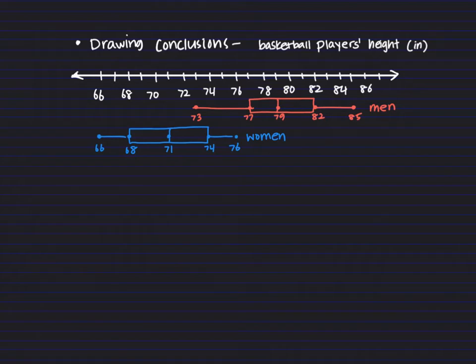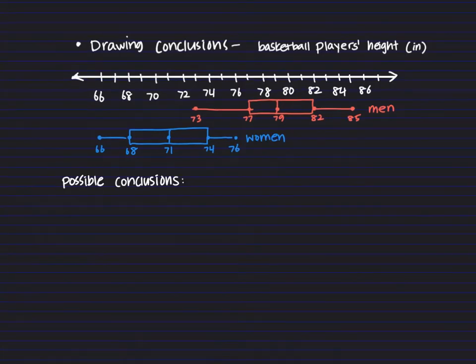First, let's look at the median and the range for the men's and women's height. So let's look at the possible conclusions that we can draw from this chart. First, the women's height have a median of 71.